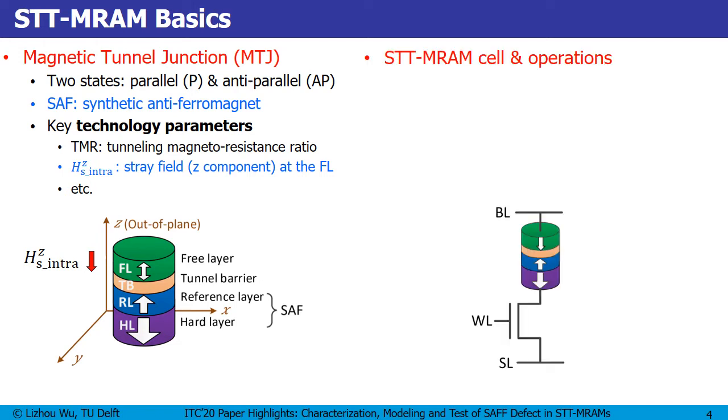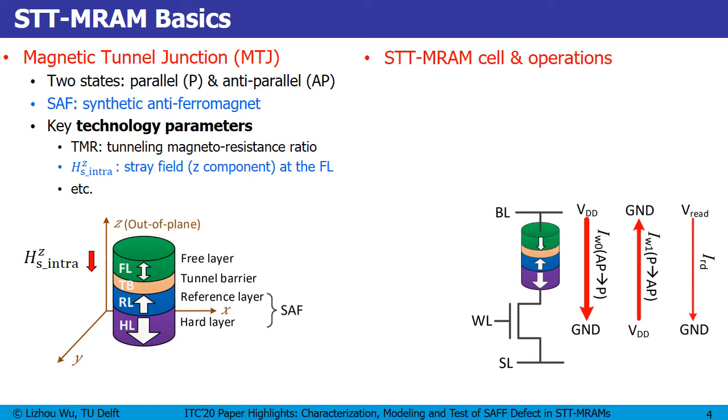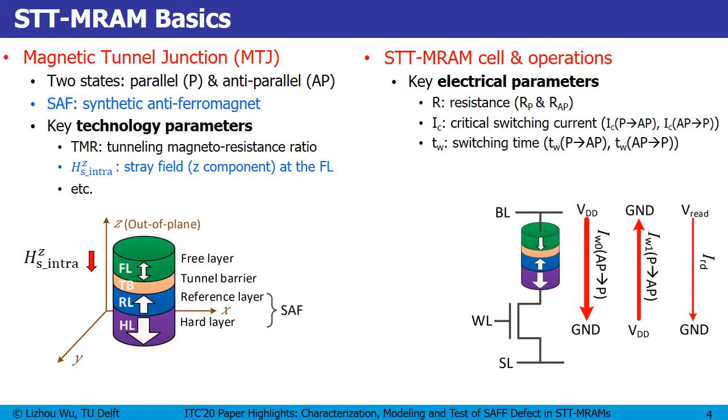An STT-MRAM cell consists of an MTJ device and an NMOS as the selector. There are basically 3 operations: write 0, write 1, and read operation. So there are 3 key electrical parameters for the device: the resistance of the device, critical switching current, and the switching time.